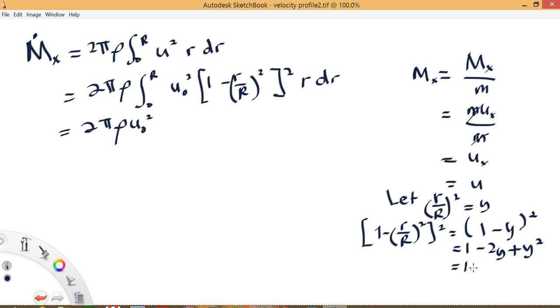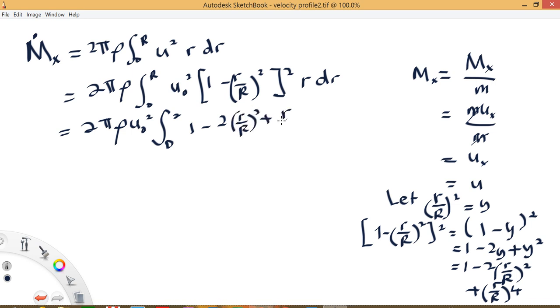So you replace 1 minus 2 r over R square plus r over R square and then square. You square here, you get 4. So this you put inside this equation. You should get 1 minus 2 r over R square plus r over R power of 4. Then you still have another r here.